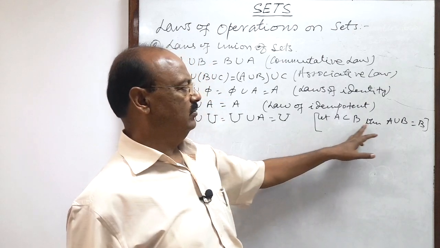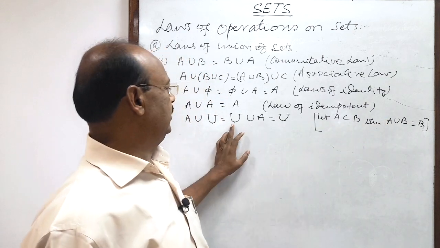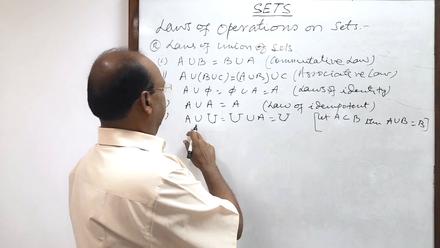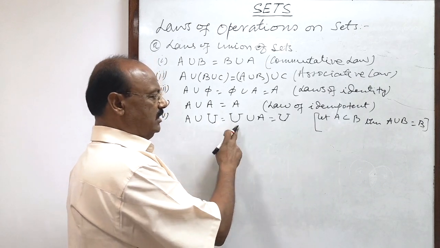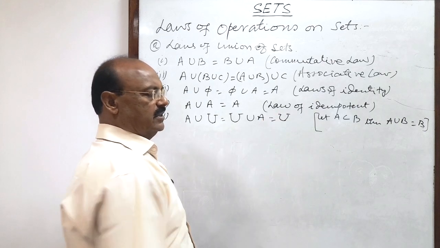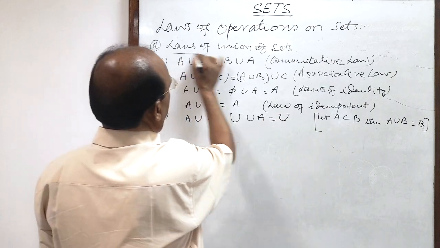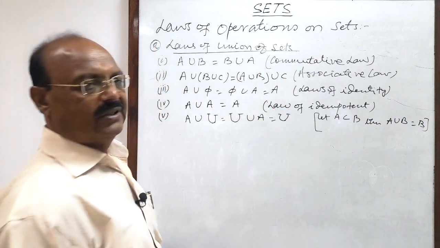Similarly, if in place of B you write universal set, then A union universal set is equal to universal set. Okay, so this is all about laws of union of sets.